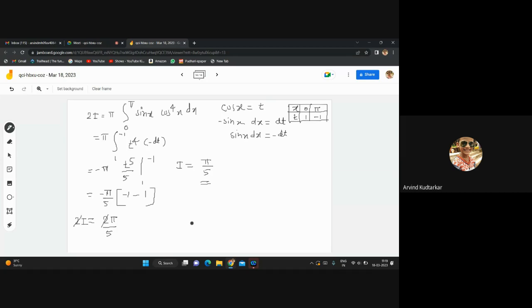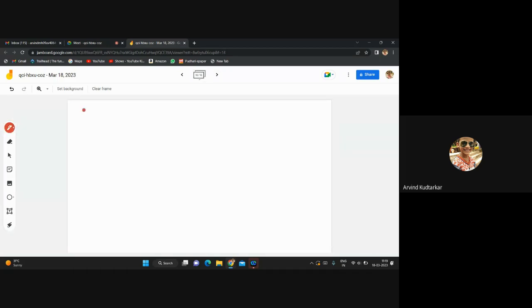See here, the next example. Integral from -1 to +1 of (x plus x cube) divided by (3 minus x square) into dx.